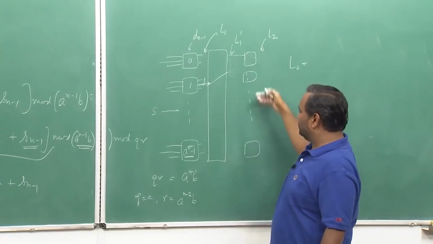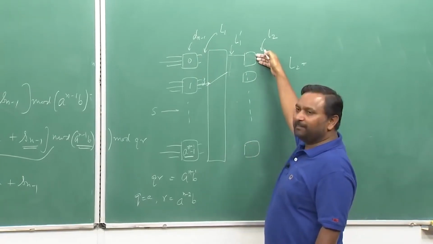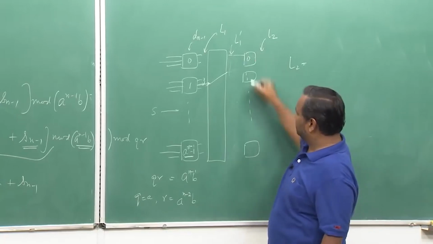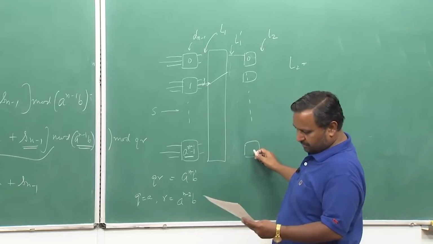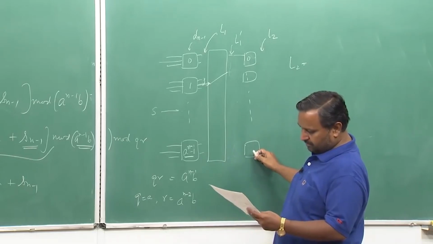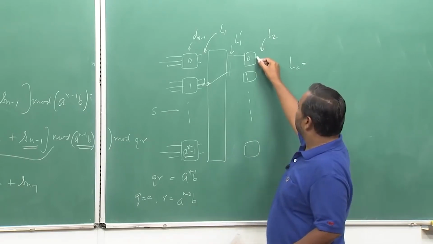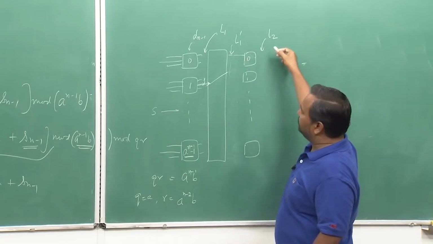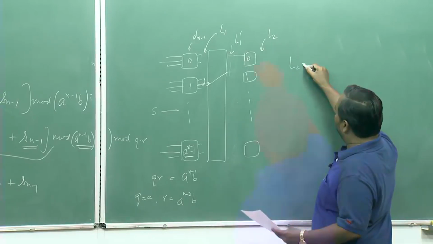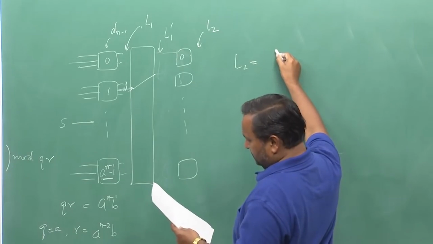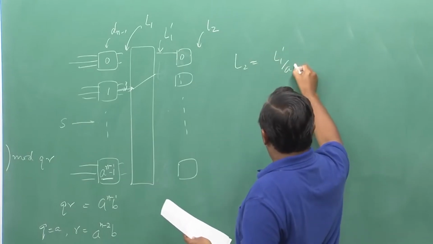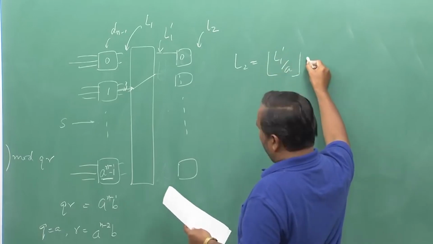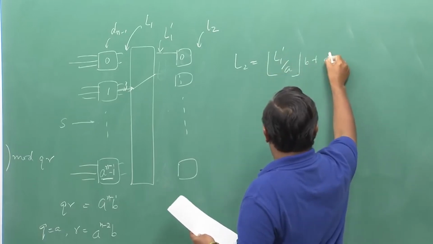I have to find out which switch multiplied by B, and then of course plus dn minus 2. So, L2 will now be given by L1 prime by A, the floor function, into B plus dn minus 2.